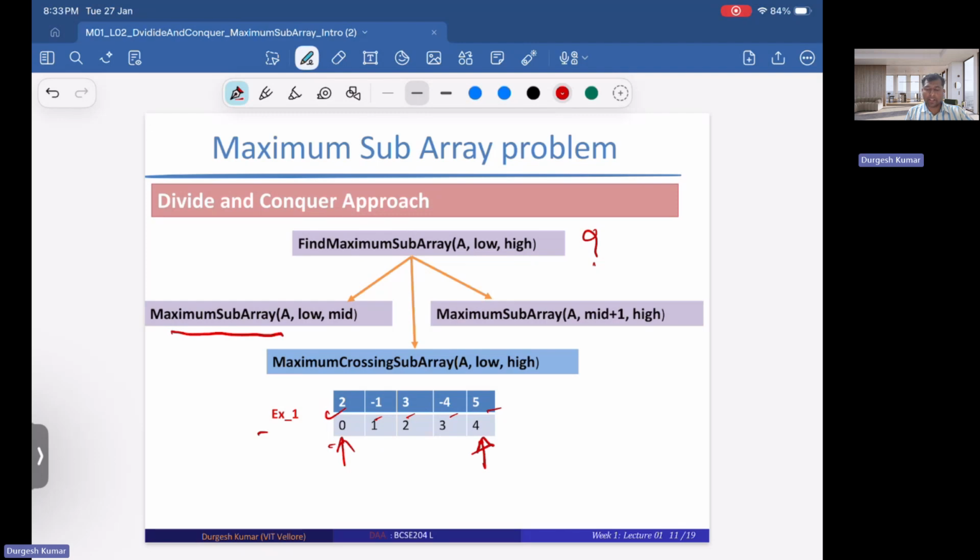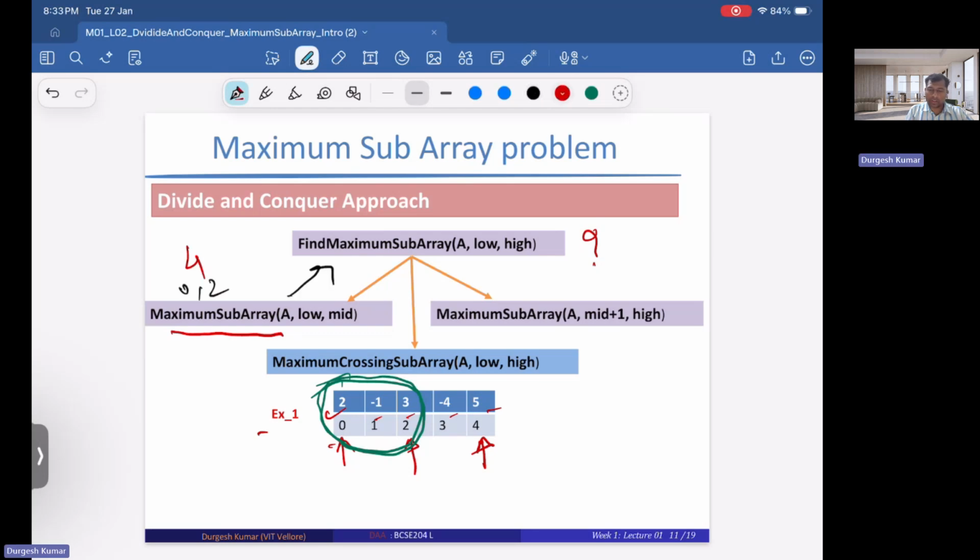So low plus high by 2 will be mid, which is 2. So your lower half becomes this. What would be the maximum subarray possible from this? 3 plus 2 is 5, minus 1 is 4. So this will return 4 with low index 0 and high index 2.